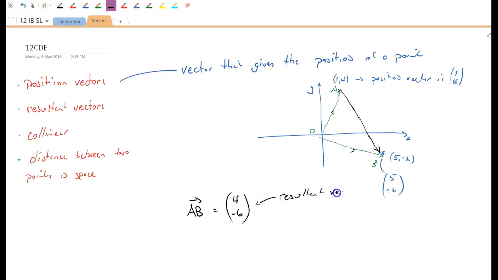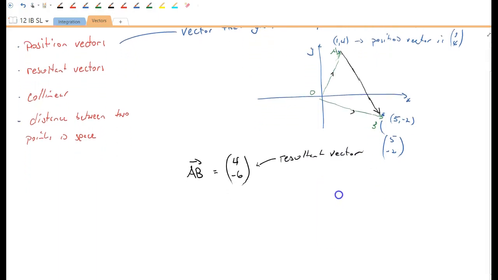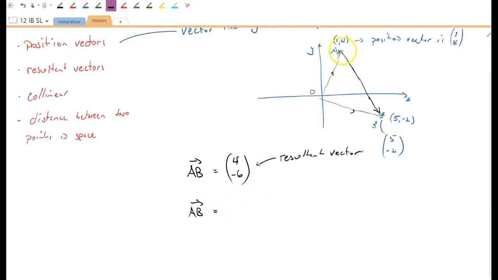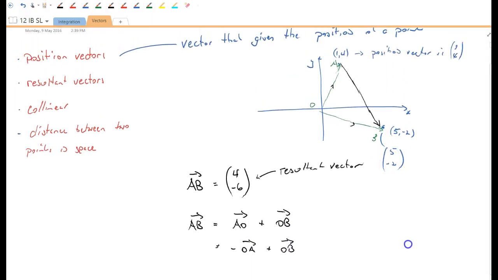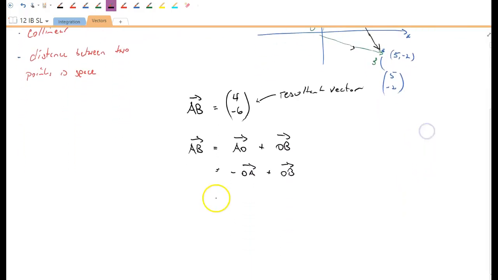We could also look at it as AB going from A to O plus O to B. AO is equal to minus OA, and OB is just OB, that's 5, minus 2, and minus OA is minus 1, minus 4.